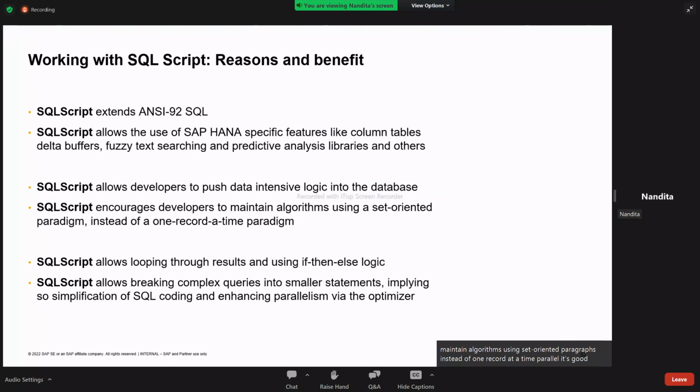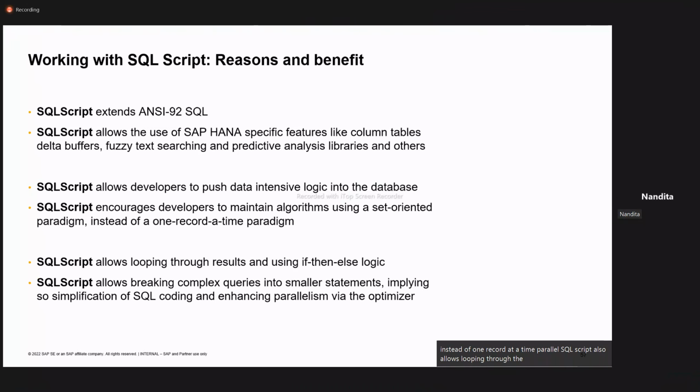SQLScript also allows looping through the result and using if then else logic. It also allows breaking complex queries into smaller statements, implying simplification of SQL coding and enhancing parallelism via the optimizer.